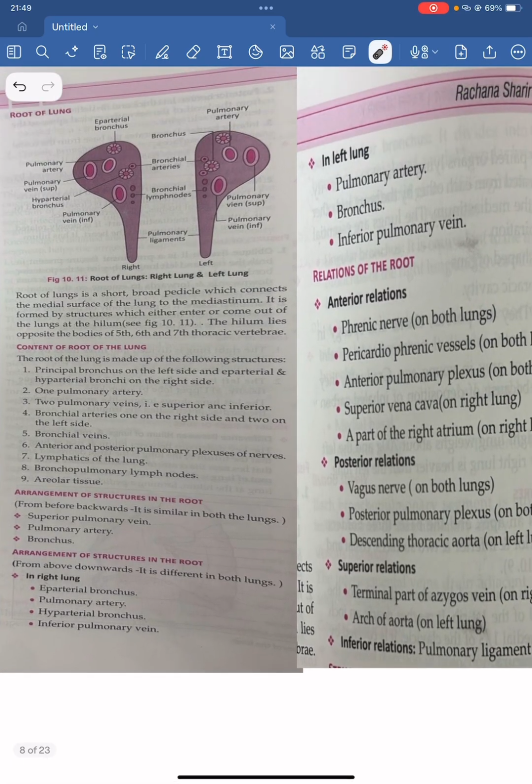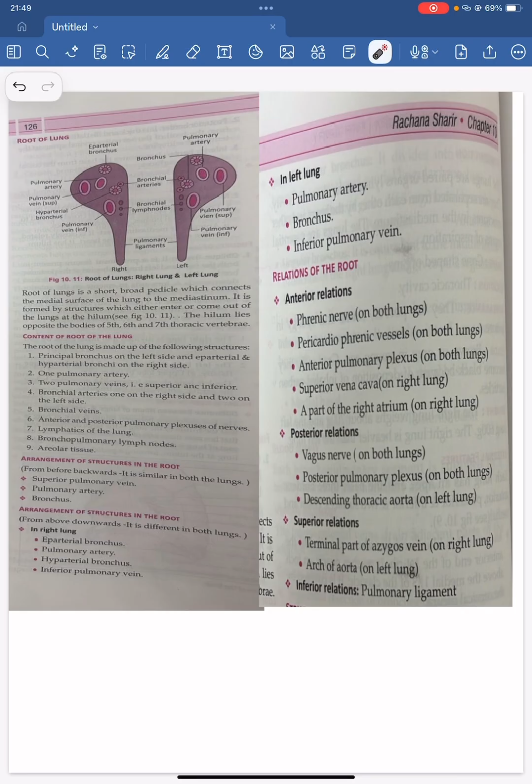Coming to the right one, there is one pulmonary artery and two pulmonary veins. If you write it in a diagram it is also good; otherwise if you explain it, it will also be good. There are also bronchial veins, bronchial lymph nodes, bronchial arteries and the bronchus, and the pulmonary ligament is also there.